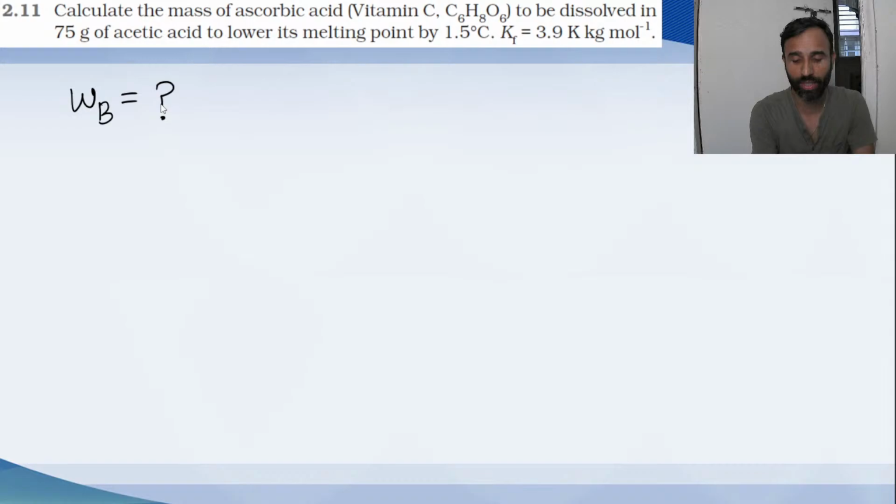Now in this case it is mass of ascorbic acid. WA it is 75 gram, and to lower its melting point by, that means lowering of freezing point. So depression in freezing point is 1.5 degree Celsius. Kf is given.